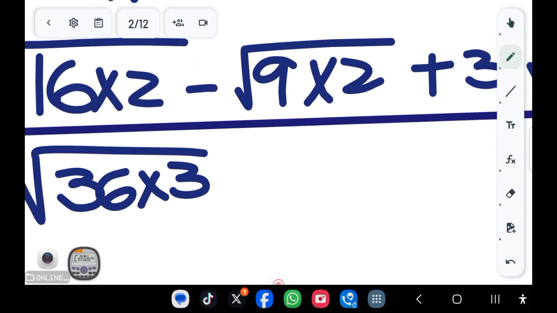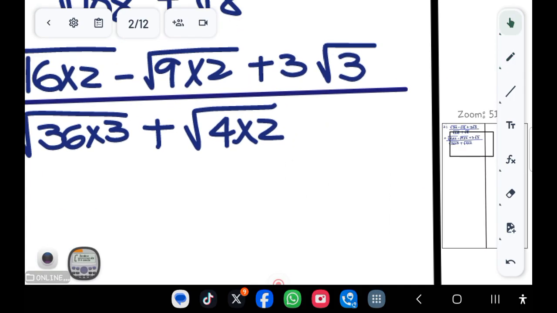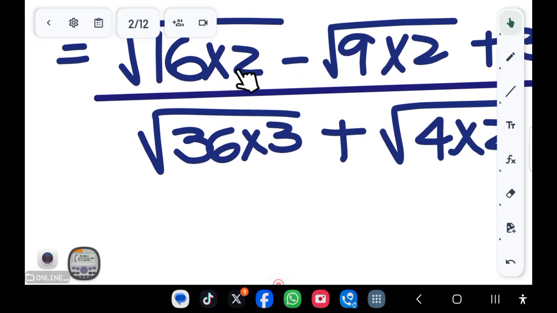Plus root 8 is simply 4 times 2. 4 is a square. Now what you do is you now simplify.